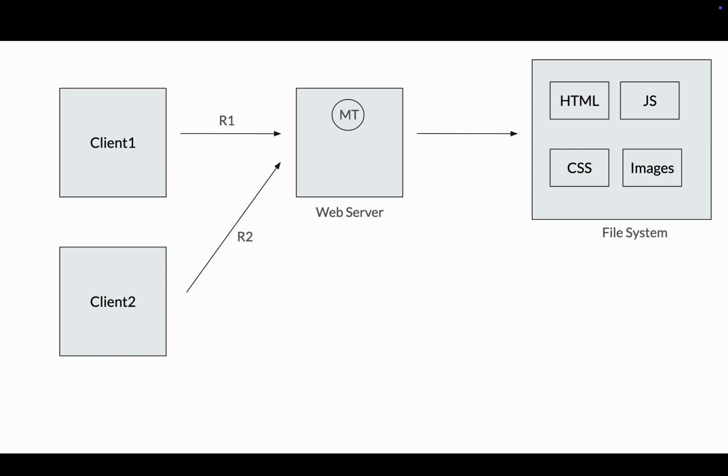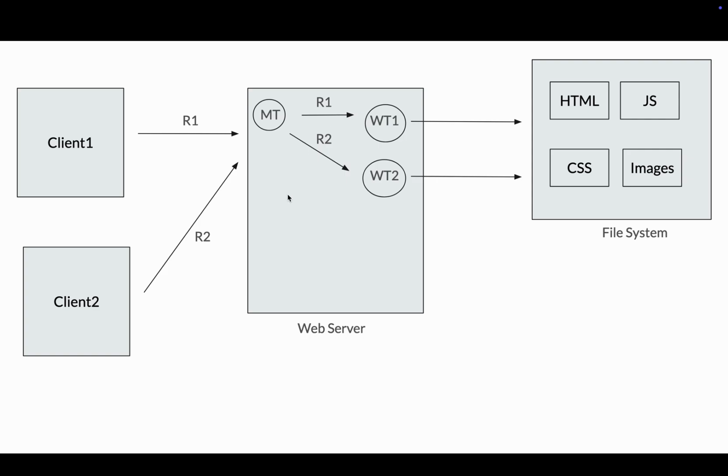So how does a production server behave? The main thread will not process the request. Instead, this is a better approach that got implemented. The main thread is not responsible for executing any request received by your web server.